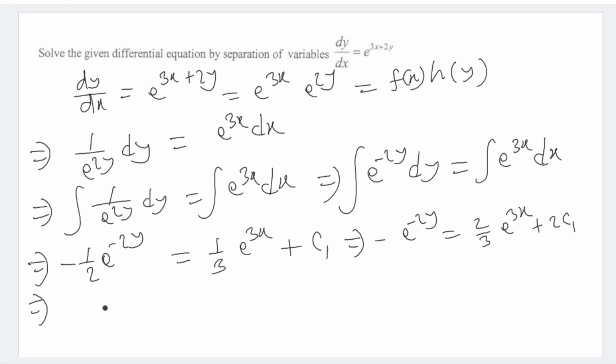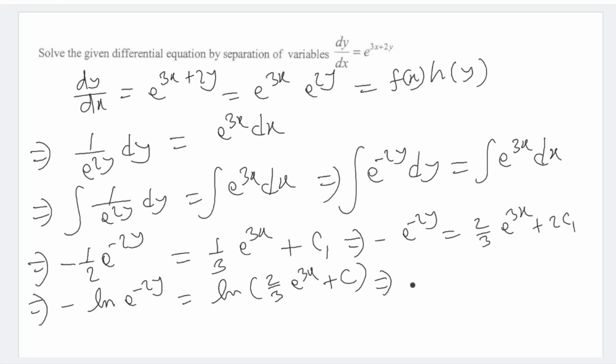Now when you take ln on both sides, we get ln of e power minus 2y equals ln of 2 by 3 e power 3x plus c. Here we write 2c1 equal to c as an arbitrary constant.